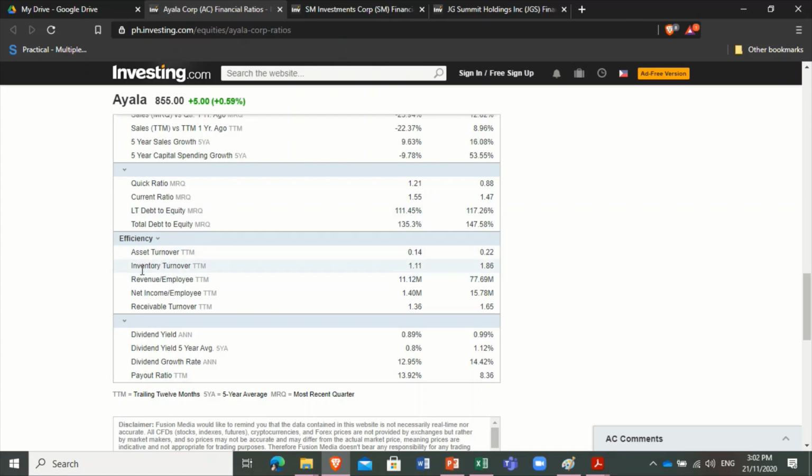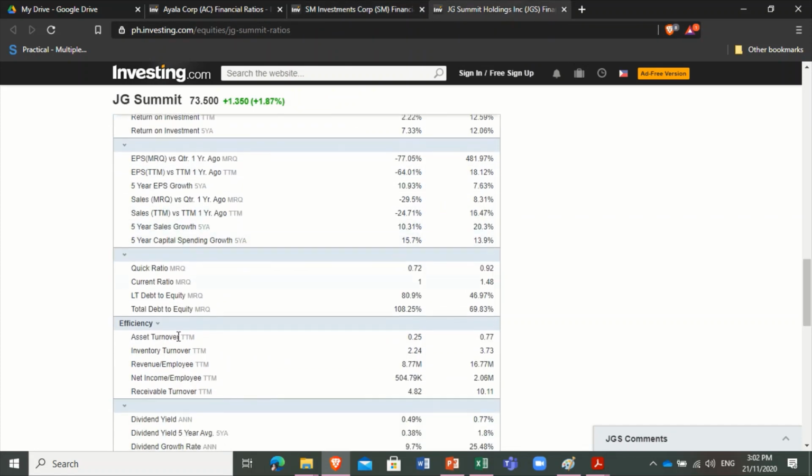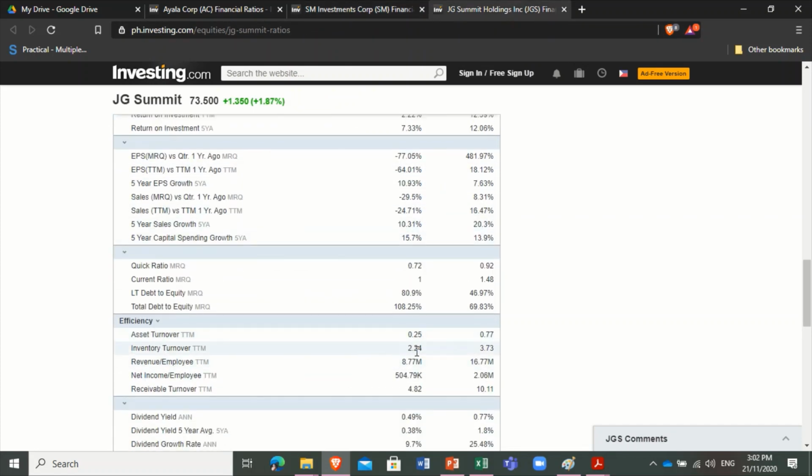Inventory turnover for Ayala Corporation is 1.11 times in a year. While ito si SM naman ay dito siya medyo mas mabilis, ano, 3.6 times siya nagto-turnover ng inventory in a year, while JG Summit is 2.24.